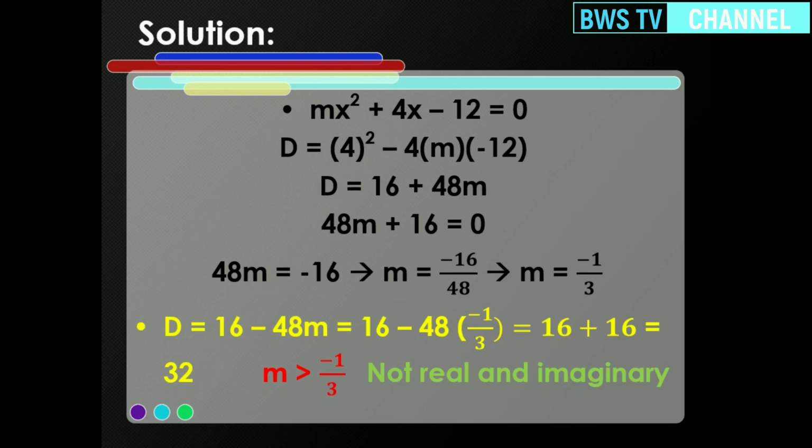In this case, equal is not available, lesser than is not available, so the answer will be greater than. So m is greater than negative 1/3 so that we can satisfy the condition not real and imaginary. And that's all for our discriminant lesson.